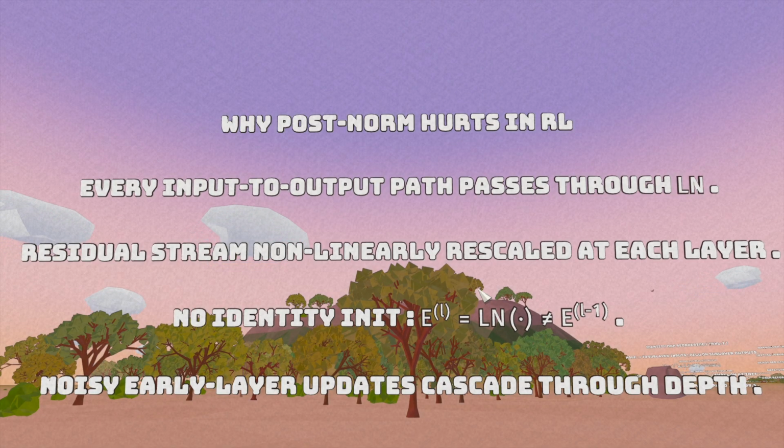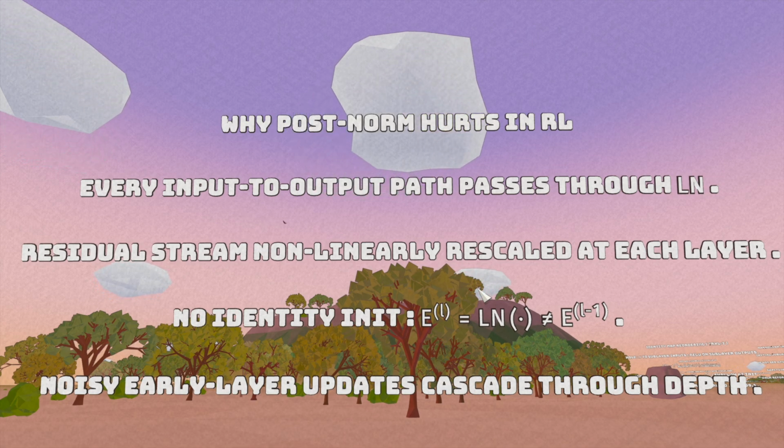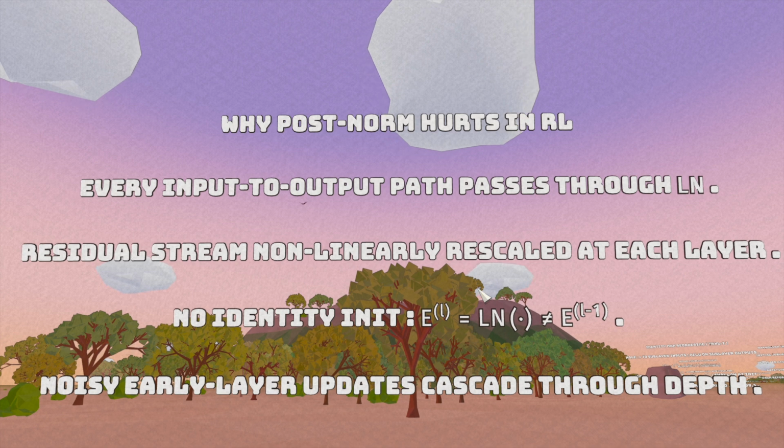And hence no choice of parameter makes the deep network start out behaving like a shallow one, which is useful for RL because the gradient signal is very rough at the start, with rewards being noisy and the data distribution shifting as the policy changes because we're exploring different parts of the environment.